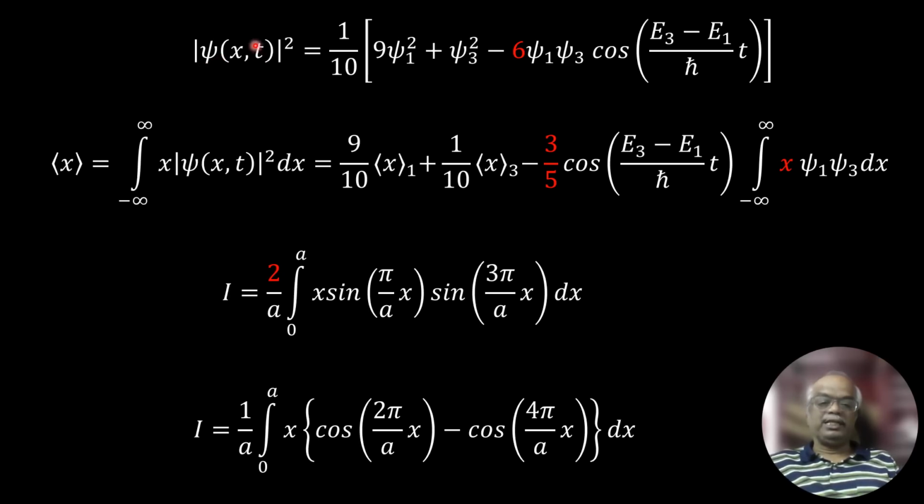Now we got the modulus square of the time dependent wave function psi of x and t like this. So in order to find the expectation value, you integrate from minus infinity to plus infinity x times the modulus square of psi, which depends on x and t. Now you replace this modulus square of psi of x and t by this one. So you will get, first one is x psi 1 star psi 1 dx, the first integral.